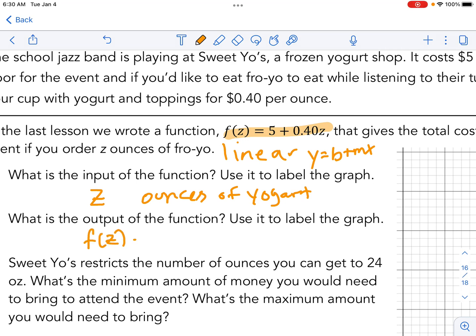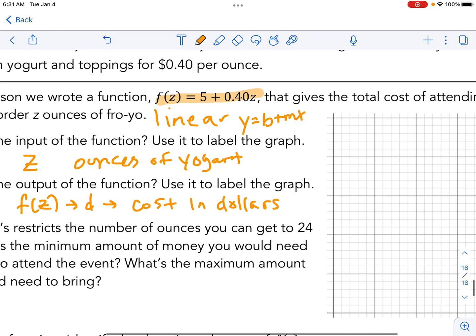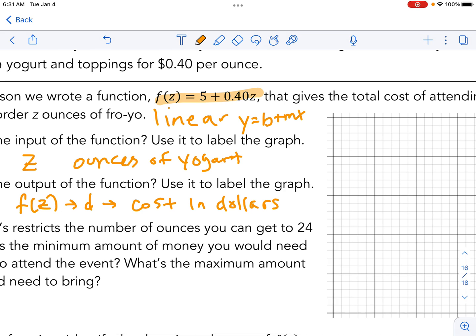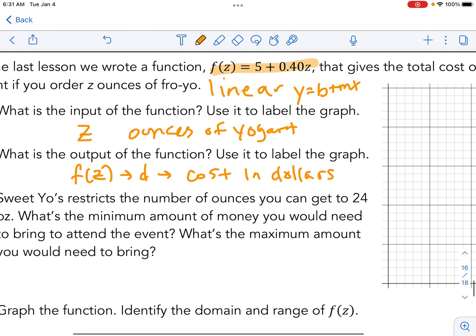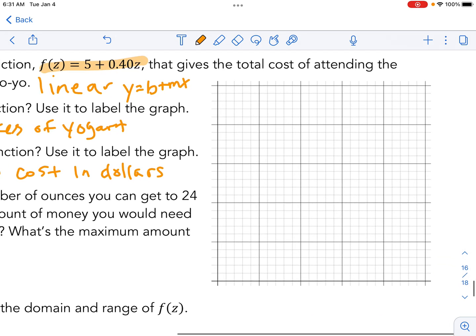I think we called that D yesterday, and that is the dollars, or the cost. And so we're going to graph that. So we have 5 plus 0.4z.